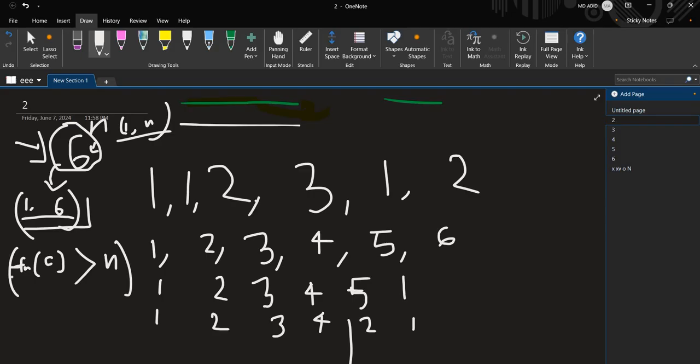So for example, let's take this array here. In this array, what do you think is the maximum palindromic subsequence length?